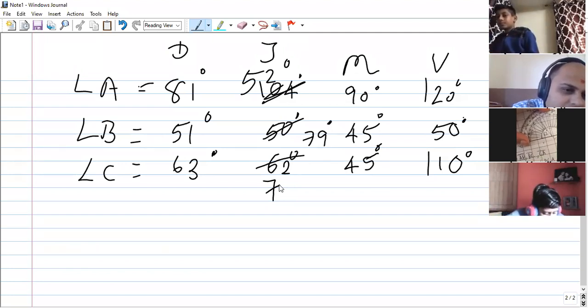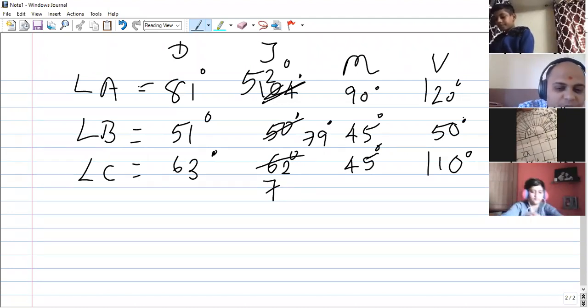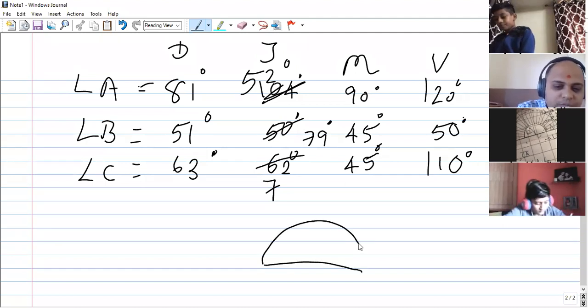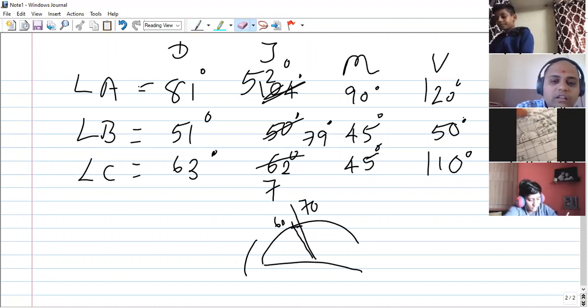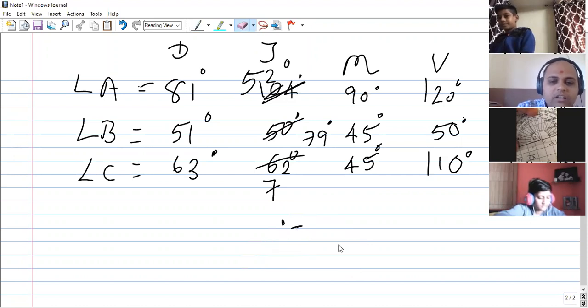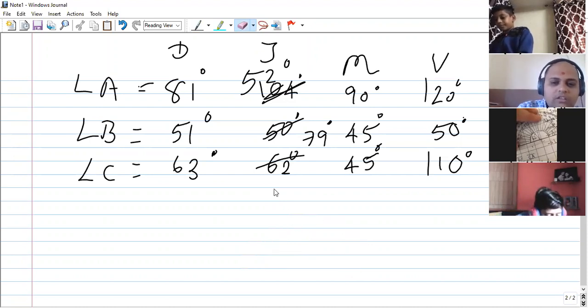Check again. You have to see from this side, and 70 is here. Your line is somewhere around here, between 60 and 70. Check. Where is it? 66. Yes, okay, 66 degrees.